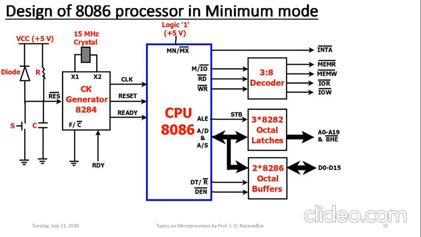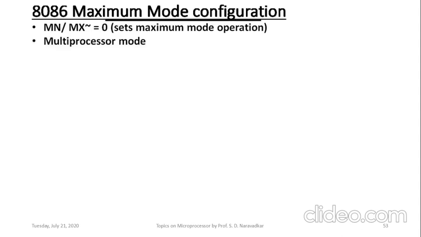Now, the 8086 maximum mode configuration and its corresponding design. As I stated earlier, in order to configure the processor in maximum mode, MN/MX bar should be 0, so that maximum mode is set. We know that maximum mode is a multiprocessor mode.